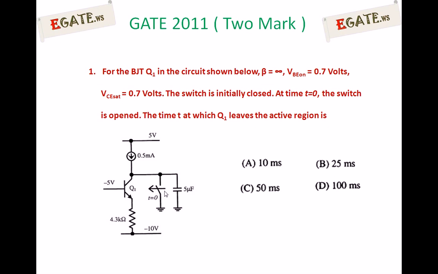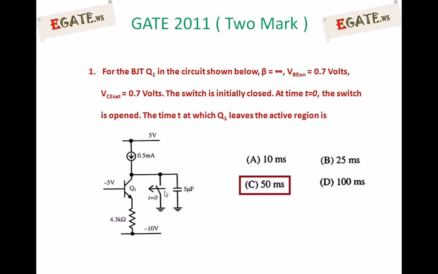That is when it is leaving the active region. Whether it is 10 milliseconds, 25 milliseconds, 50 milliseconds or 100 milliseconds, this was the question. Now we'll see. The correct answer for this one is 50 milliseconds.